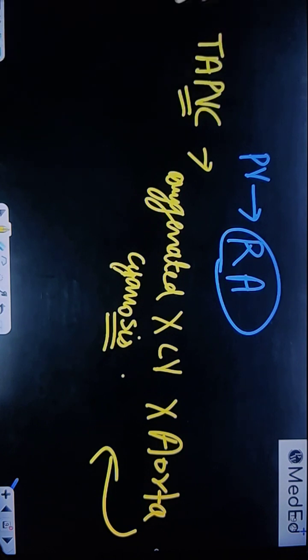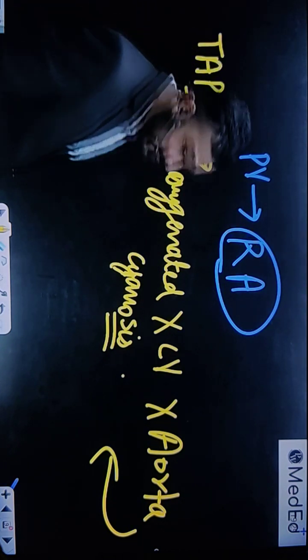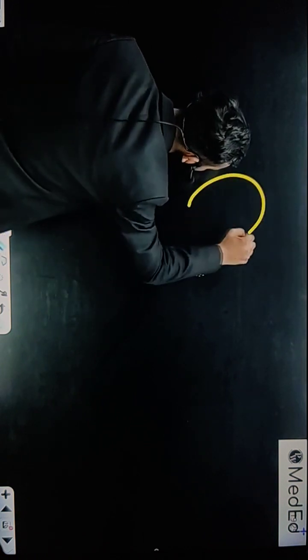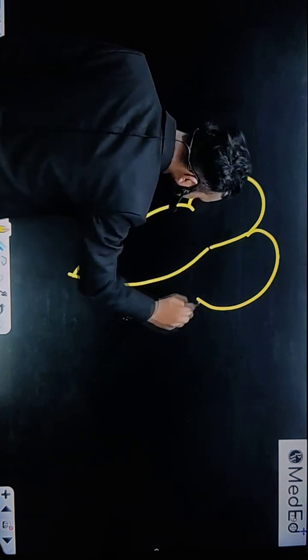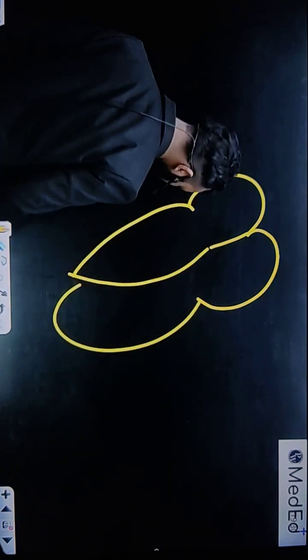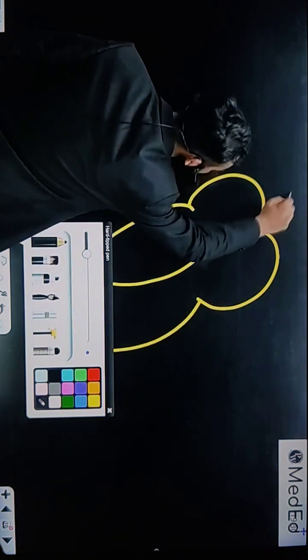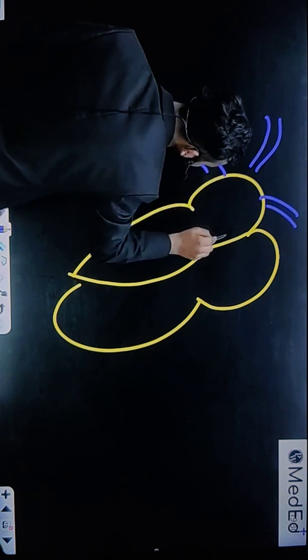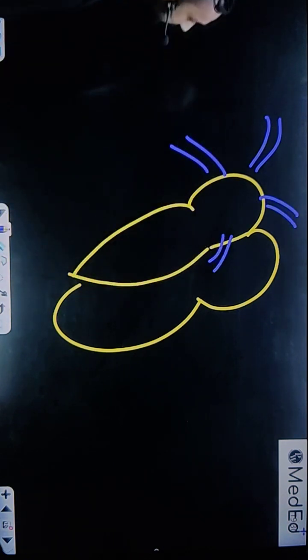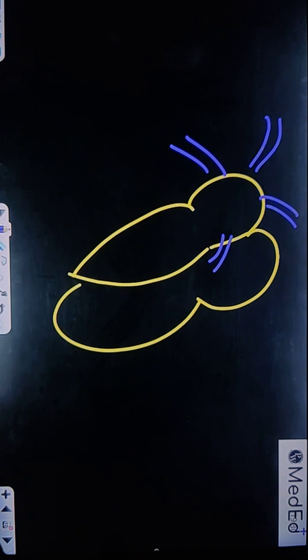Again, if the child has to stay alive, there has to be mixing of some blood. So imagine this is your right atrium, right ventricle, left atrium, left ventricle. All the pulmonary veins are draining into the right atrium. Now your left ventricle is not receiving any oxygenated blood.